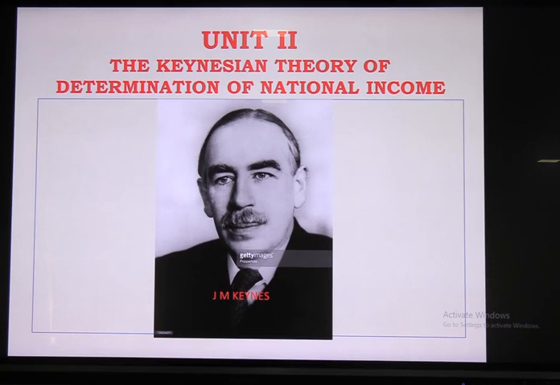Along with this, he also added one more element in this unit: how is the national income generated in a country? That's a question. The first unit explained the measurement of national income, but we don't know how the income is generated. So in this unit, Keynes explained the generation of income in a country through a model known as the circular flow of income.